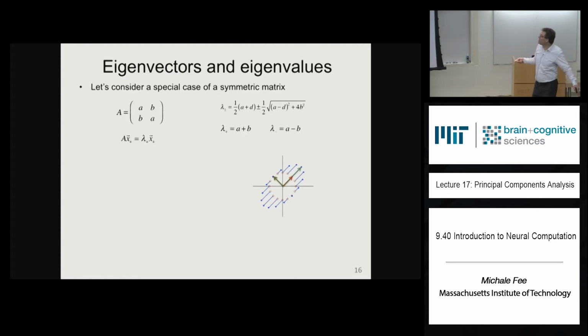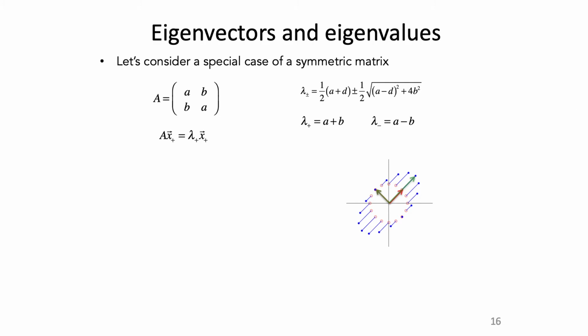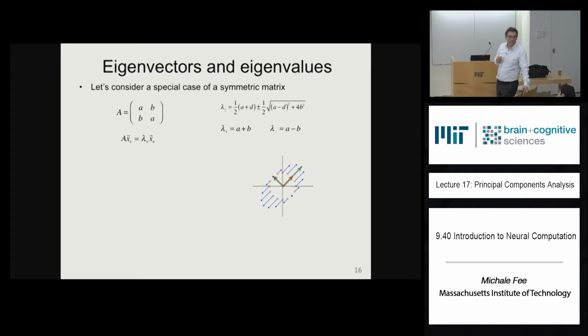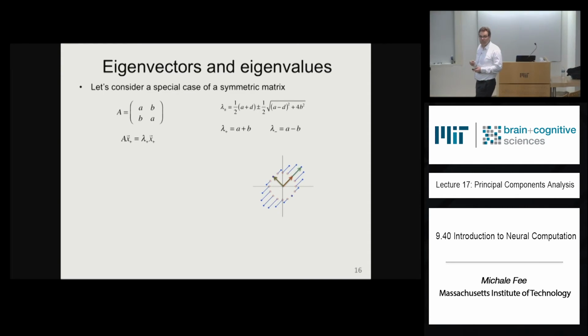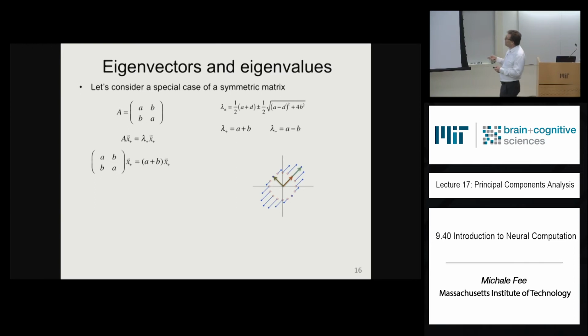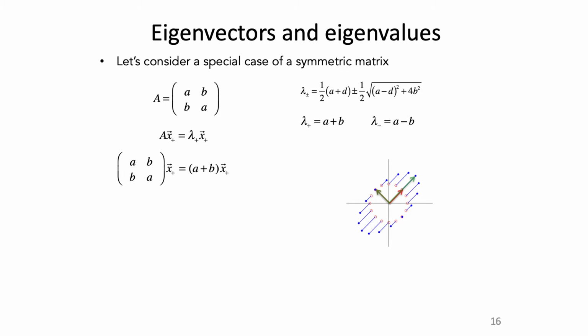And the eigenvectors can be found just by plugging these eigenvalues into the eigenvalue equation and solving for the eigenvectors. I'll just go through that real quick. A times x. We found 2 eigenvalues, so there are going to be 2 eigenvectors.